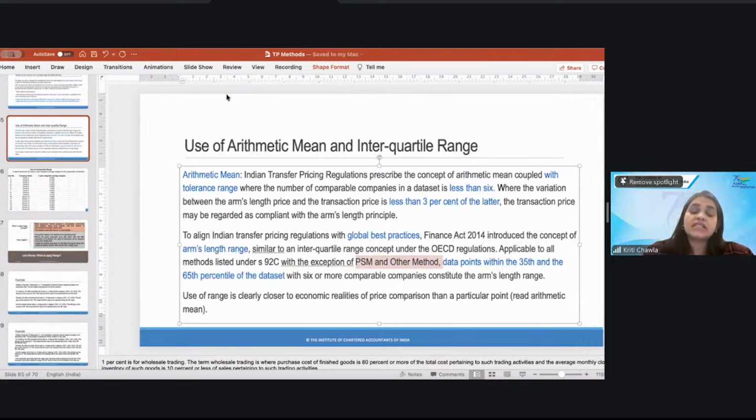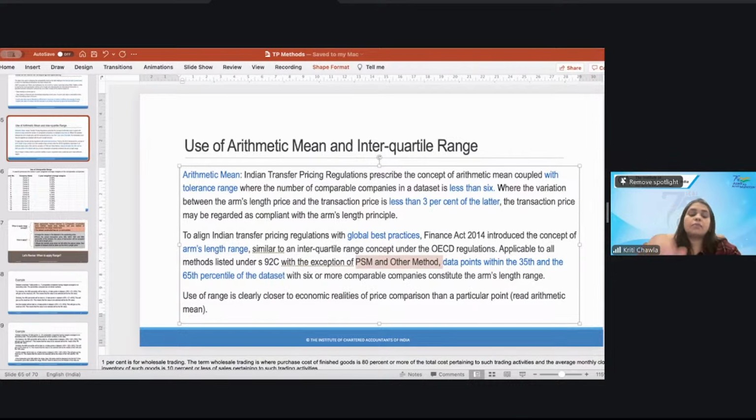comparable companies fewer than 6 can you use the arithmetic mean. So if the number of comparables is 6 or more, you have to use the range concept. So 6, 7, 8, whatever the number of comparables, you have to use the range concept.